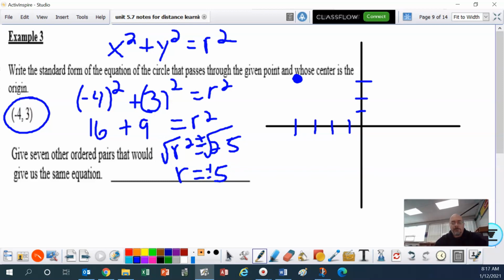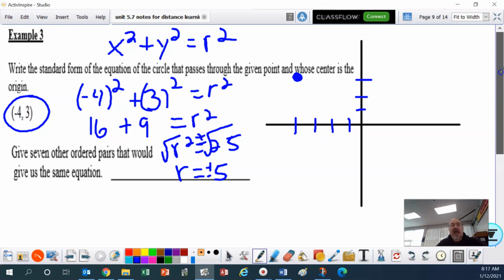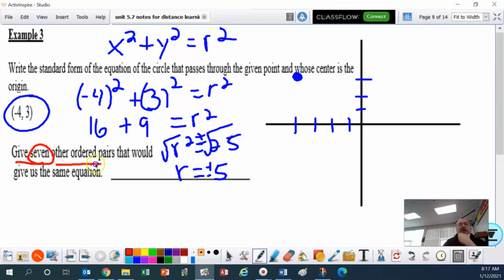I want more points. It says give 7 other ordered pairs that would give us the same equation. Let's think about this.